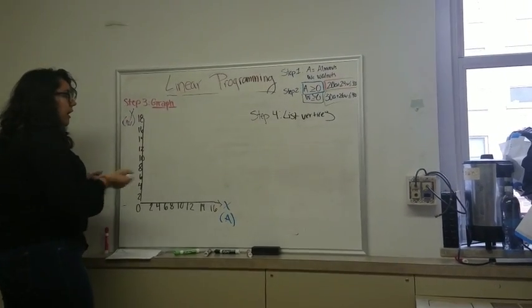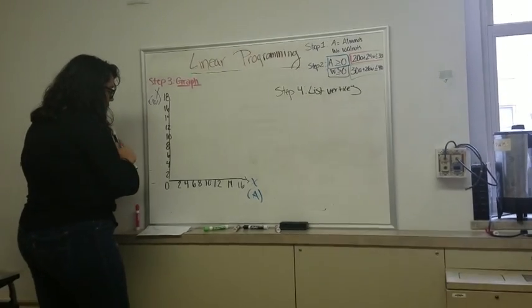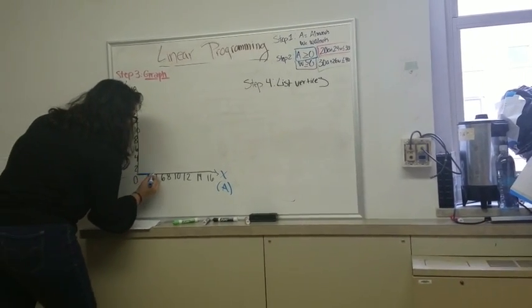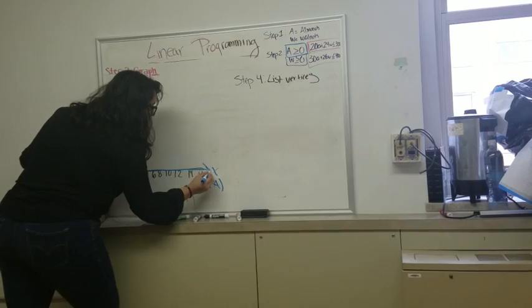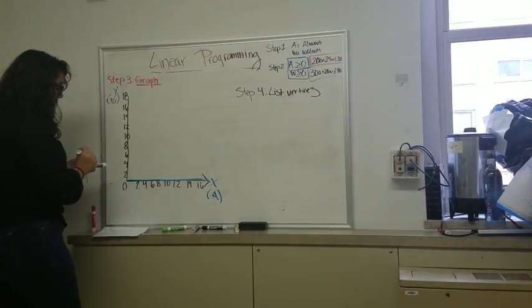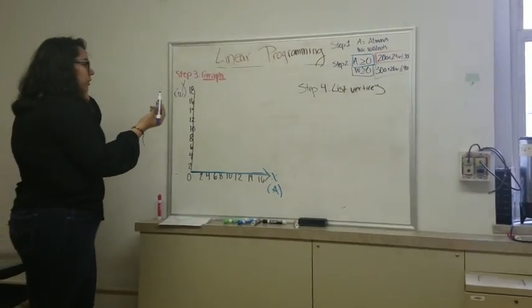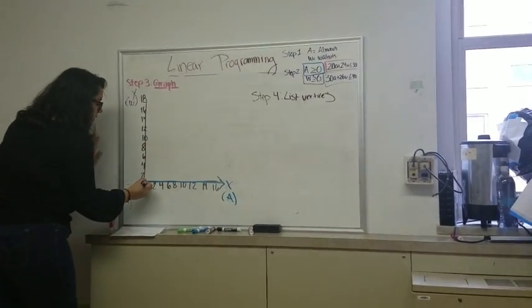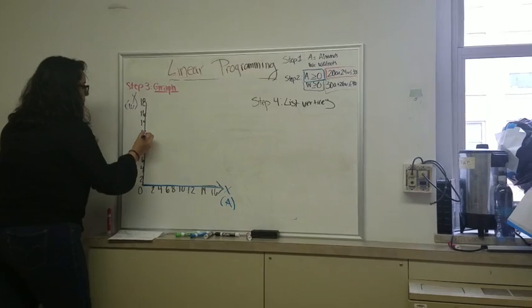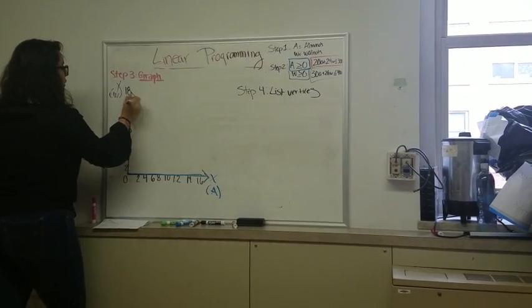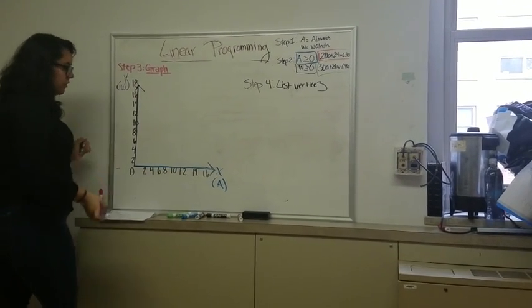So A has to be greater than or equal to 0, and this is where you graph your constraint. Then you graph W greater than or equal to 0. So we're going to graph all of this, and then you are done with the first two.